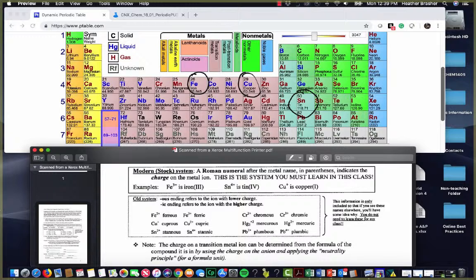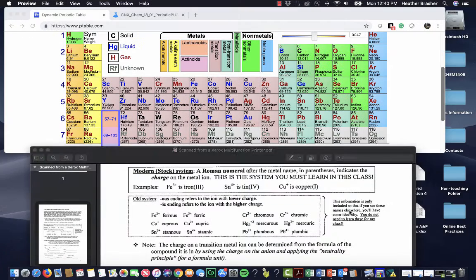That's the modern system. The old system used different endings depending on the ion. OUS endings refer to the ion with a lower charge. IC refers to ions with the higher charge. Of course, I think the 3, 4, and 1 are a little bit easier to deal with.